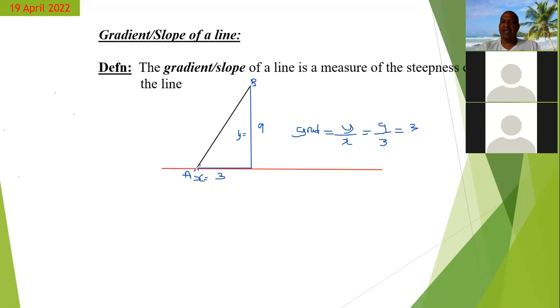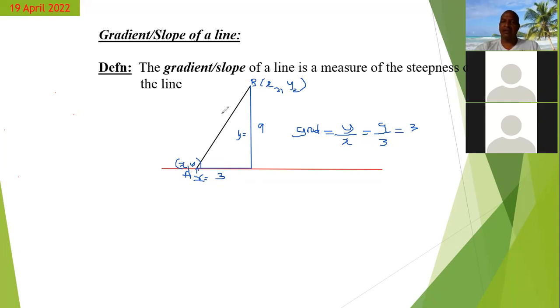So to get the x value, you call this x1, and you have y1 here, and then you call this x2, and you have y2 here. Now this is where you have to use a formula, because you want to take away this x1 from this x2 to get the length, which is 3. Now you take away the y1 from the y2 to get the height, which is 9.